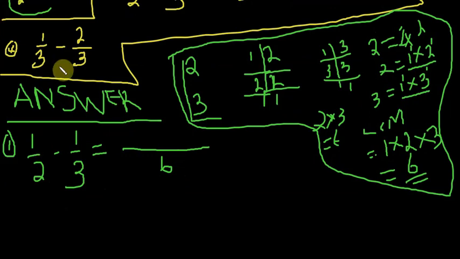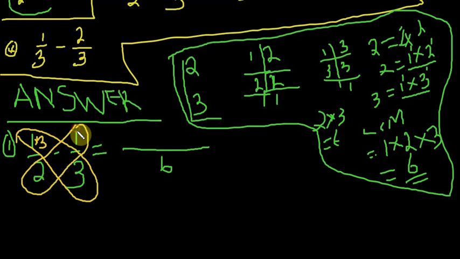For the first one, we say 1 times 3. For the second, we multiply that 1 by the denominator of the first fraction, 2.